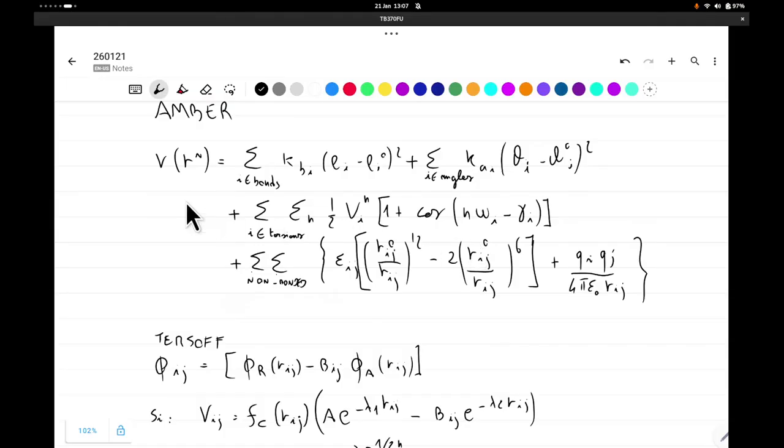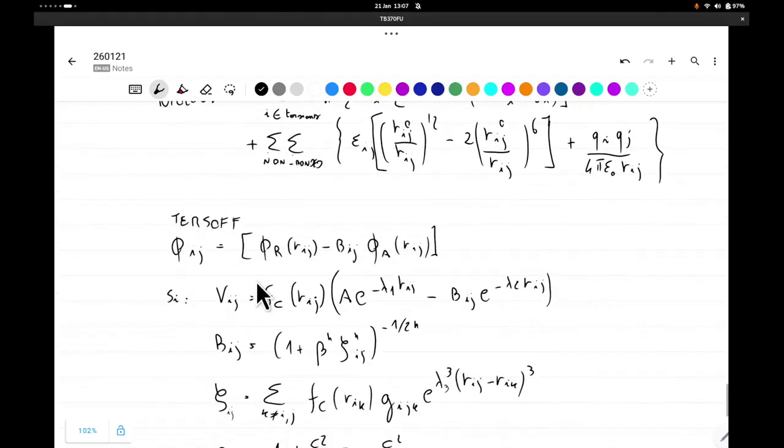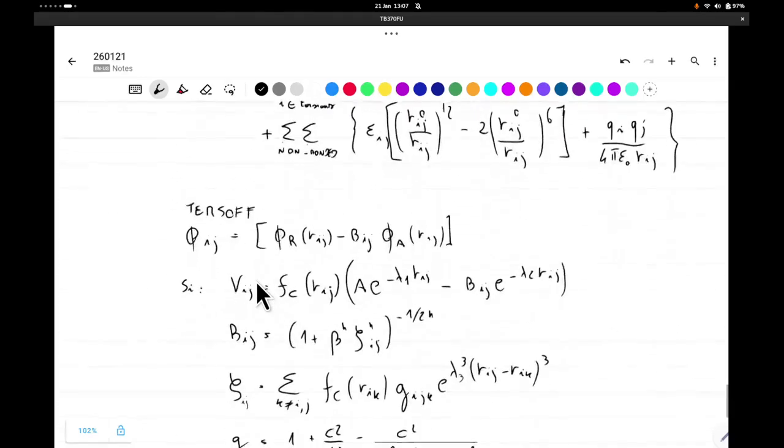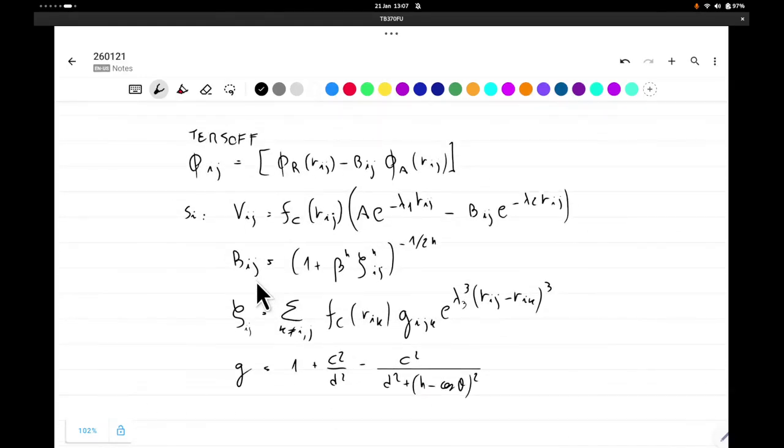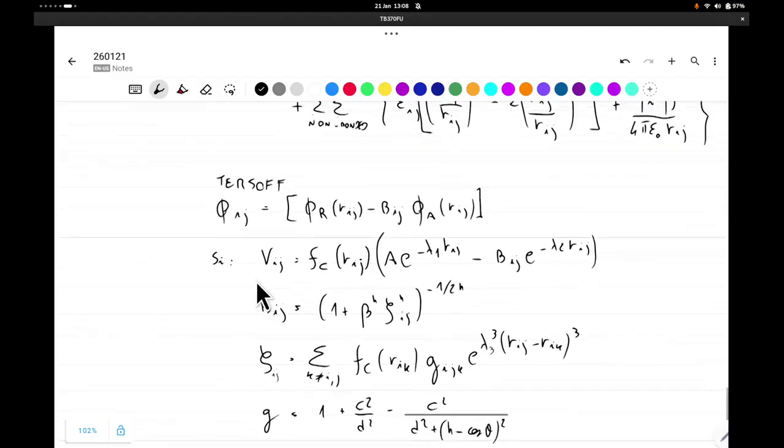And you needed a way to infer the topology, right? Again, to say, okay, what was bonding, what was not bonding, and so on. A kind of different class of classical potentials is the kind of bond order.